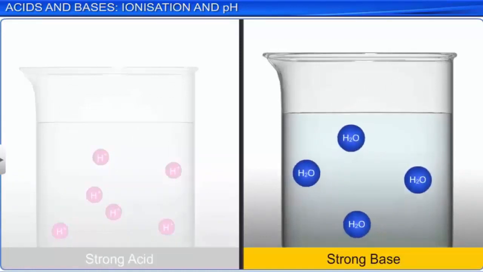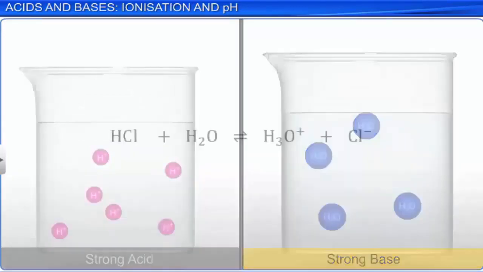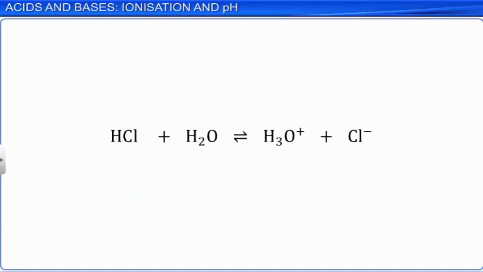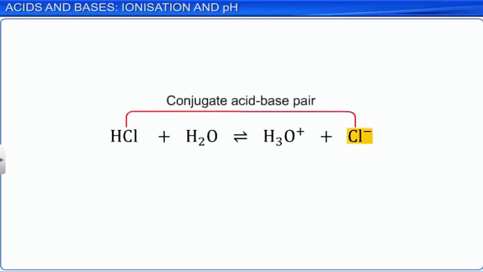To understand the statement better, consider the ionization of HCl in water. You can see from the equation that Cl- is the conjugate base of HCl and H3O+ is the conjugate acid of the base H2O.